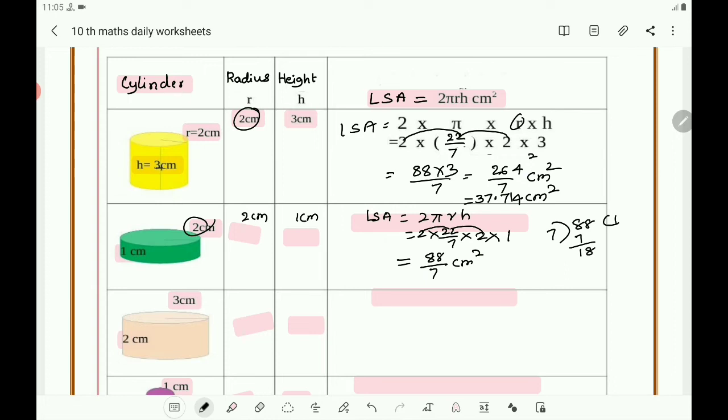Then here 7 2s are 14, 4 remaining, 4 0, take point here. Then 7 5s are 35, 5 is remaining and 7 7s are 49. So you can take approximately 12.57 cm square.